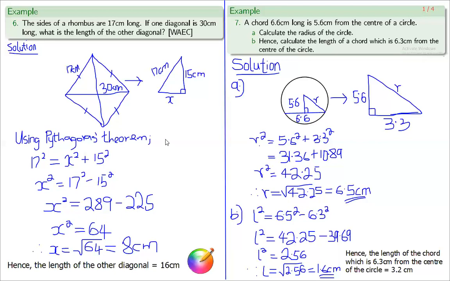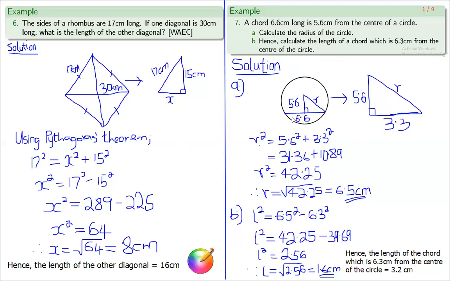Example 7. A chord 6.6 centimeters long is 5.6 centimeters from the center of the circle. Calculate the radius of the circle and hence calculate the length of the chord, which is 6.3 centimeters from the center of the circle. So here is a circle and this is the chord.